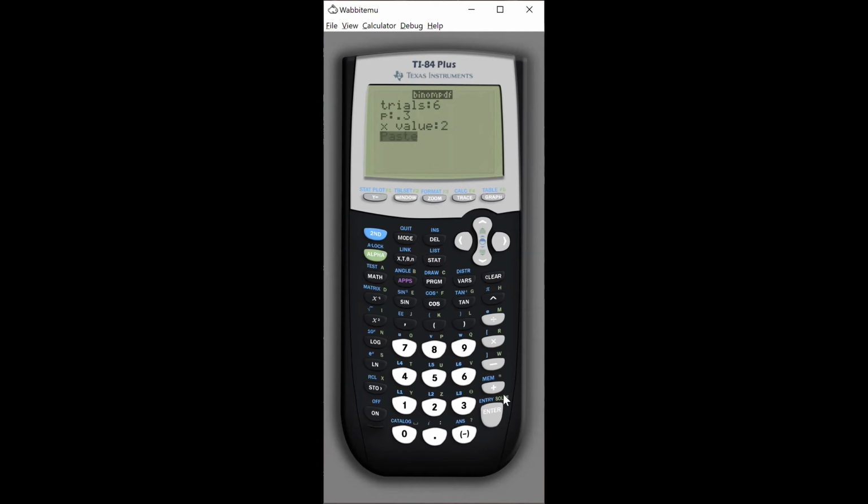So you go right here where it says paste. For some of you, your calculator might actually tell you to enter it. So you put 6 and then you hit the comma button, which is above the 7. Then you hit 0.3 and then you put the comma again. And then you do 2, hit the comma again. And there you go. And you get exactly what we got by hand.